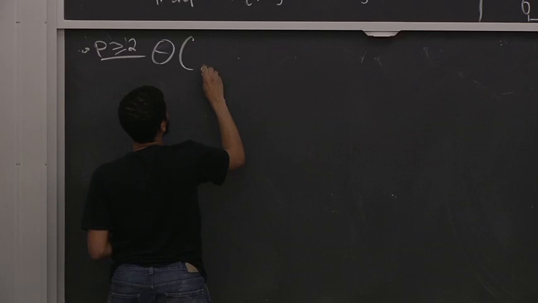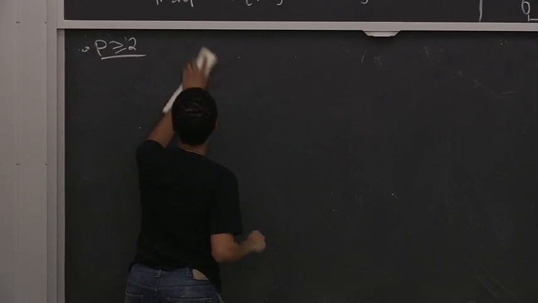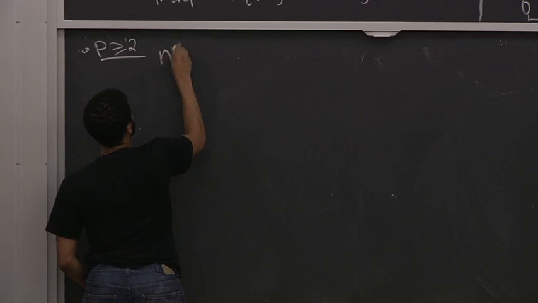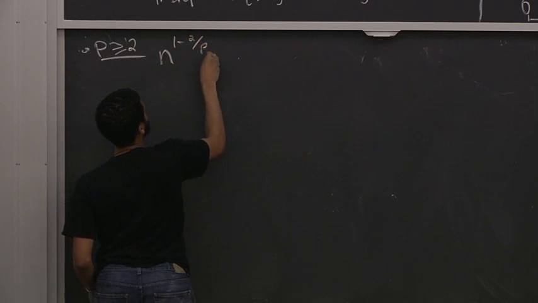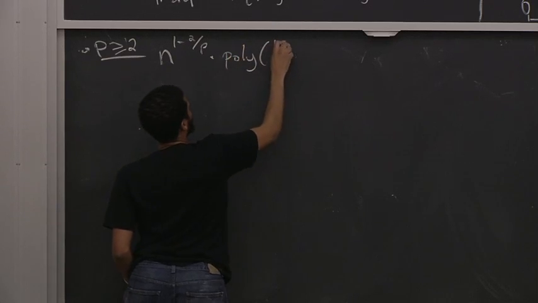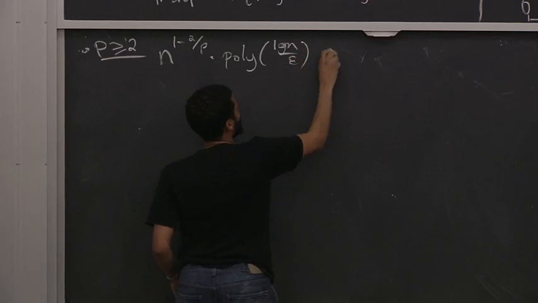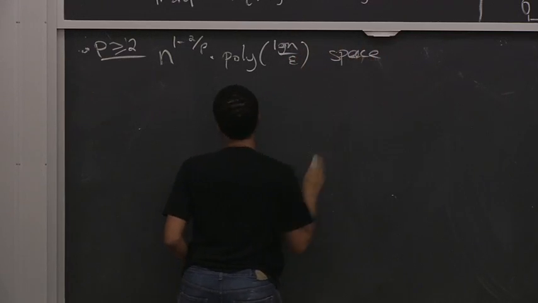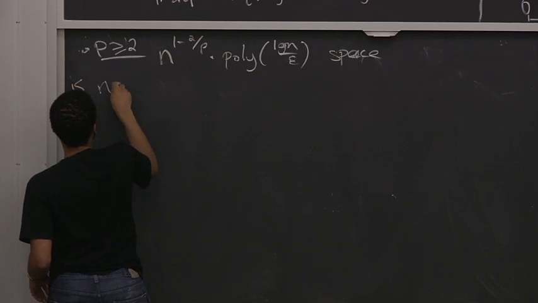So the amount of space you need is something like n to the 1 minus 2 over p times poly log n over epsilon space is necessary and sufficient.